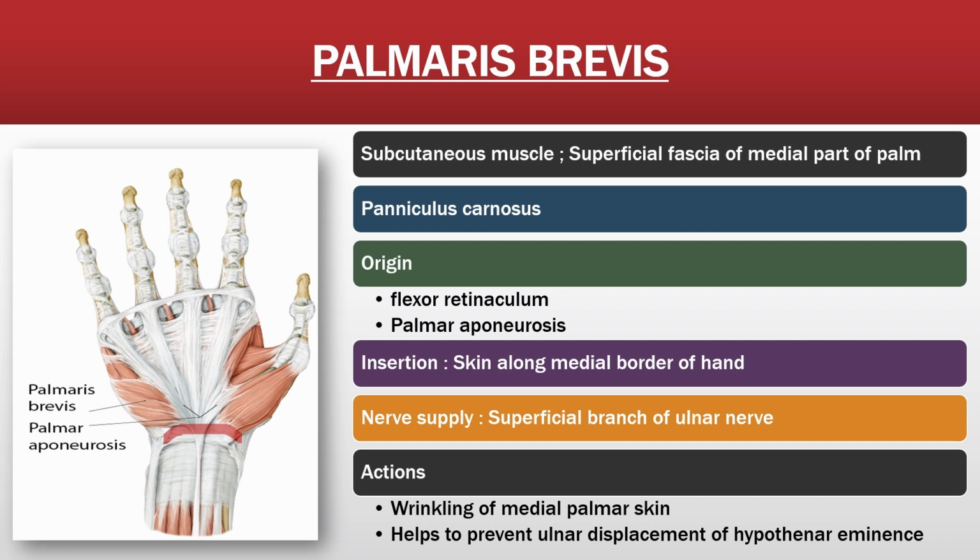Like in the dogs and the cats, the skin is having attachment of the muscles. So if you throw a stone on the cow or a dog, what happens? Their entire body twitches. So there is the contraction of muscle in the entire part of the body, and then they will try to remove or shrug off the stone or any insect that is sitting on the body. So that phenomenon is known as panniculus carnosus, because of which the entire muscle is attached to the skin.